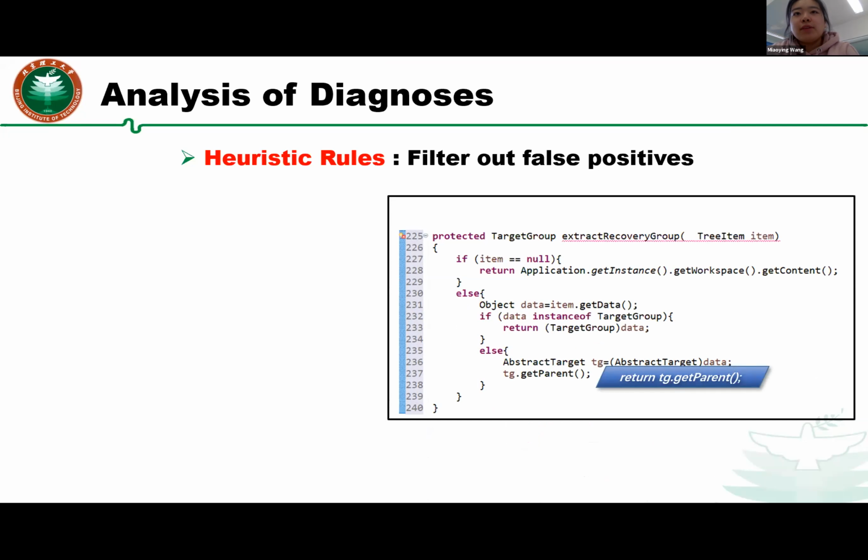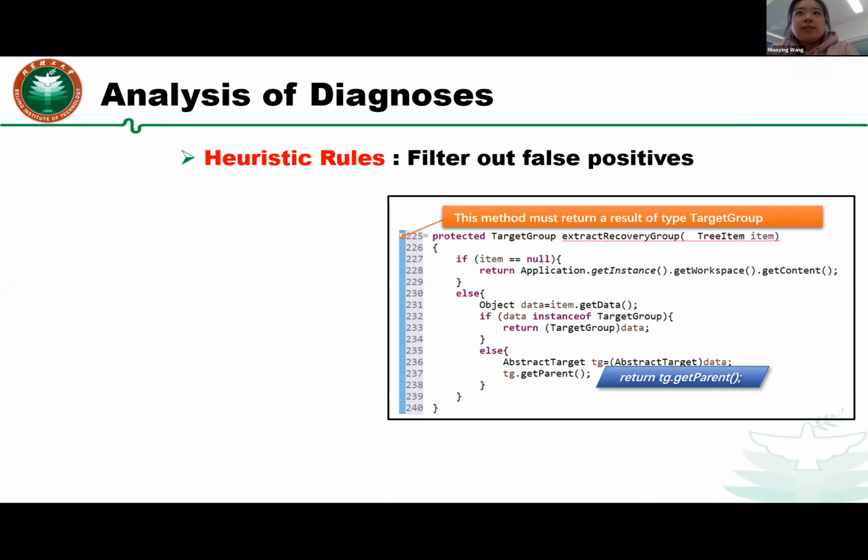And the warning the compiler gives is located on line 225. That reminds the user of returning a result. It is a correct answer, which in our test is regarded as a false positive.